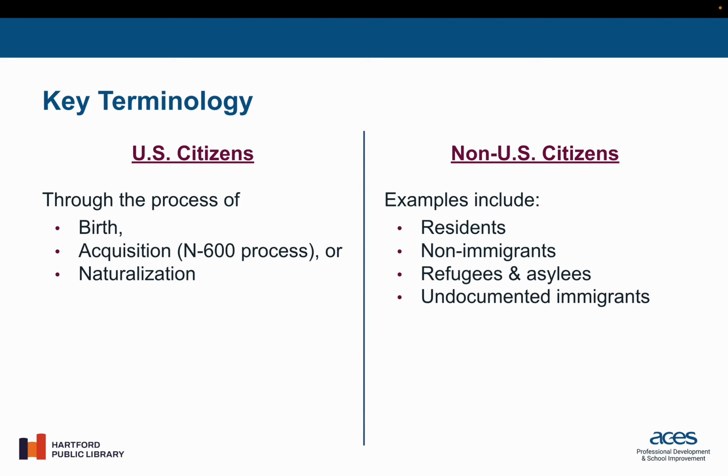There are 4 groups of non-U.S. citizens that you are especially likely to encounter in your role as an educator. We will discuss these 4 groups in detail in this course, though there are other types of non-U.S. citizen statuses to be aware of as well, some of which are listed on the next slide.